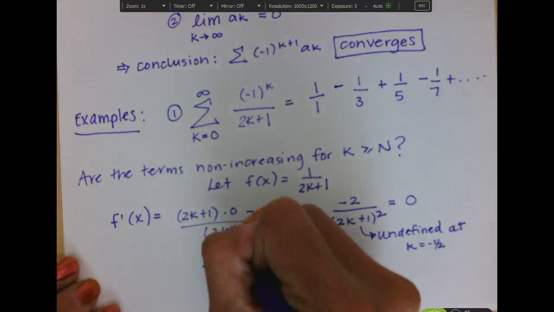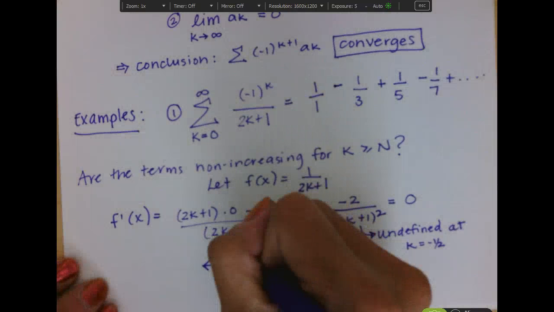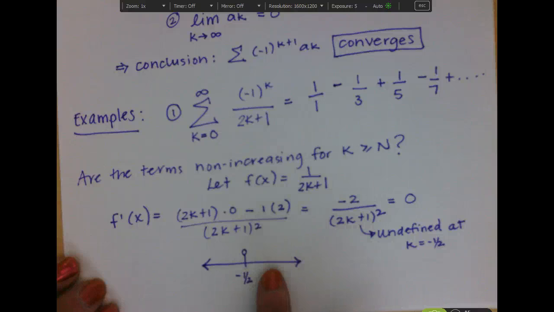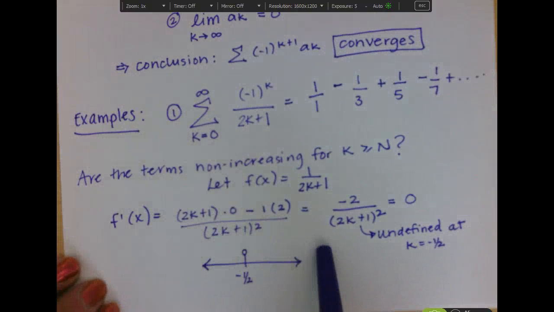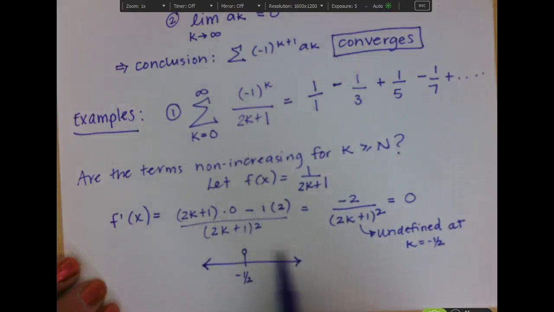And so if you think back to Calc 1, we put that on the graph, and we can test either side of negative 1/2 to see if it's increasing or decreasing. And so what we're looking for is that the function is non-increasing or decreasing at some point after this critical value. So let's plug in a value to the right of negative 1/2.